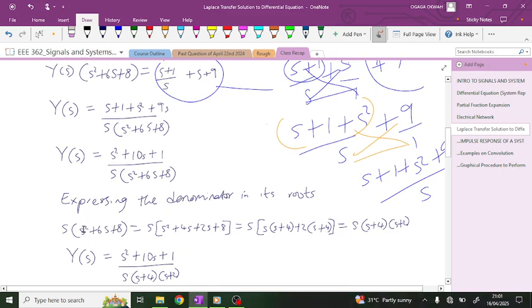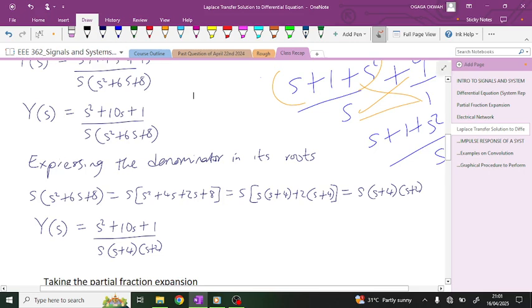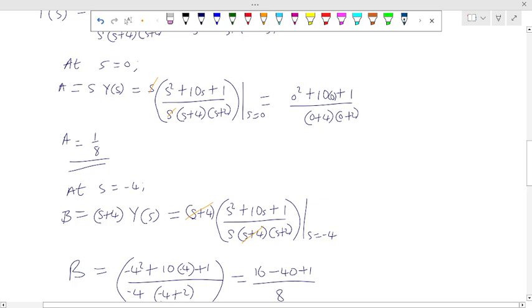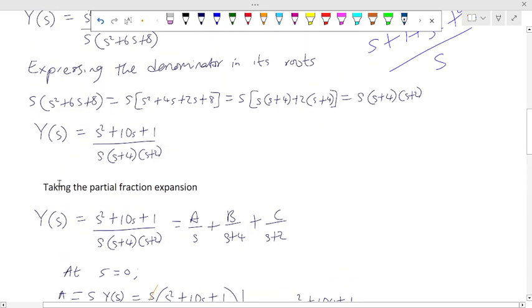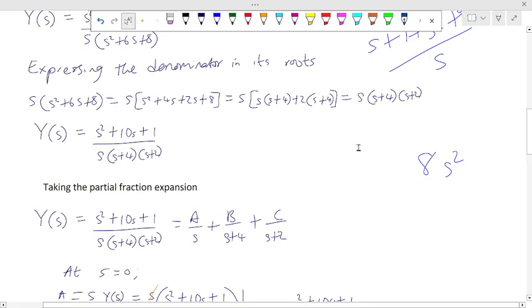This is just basic factorization. Right here, use this to multiply this. You will get 8S squared. Now, what will you multiply to give you 8S squared?